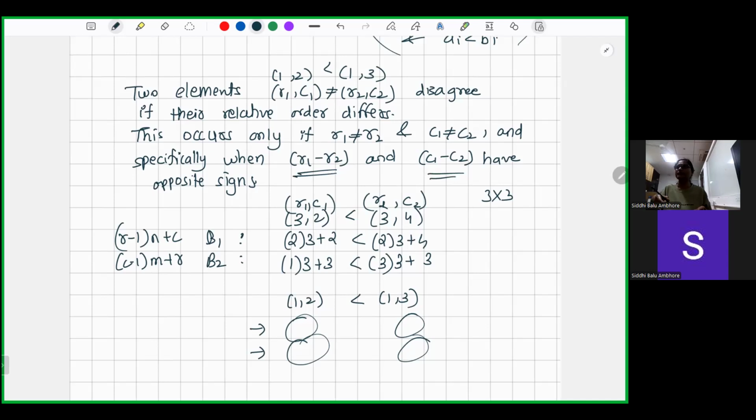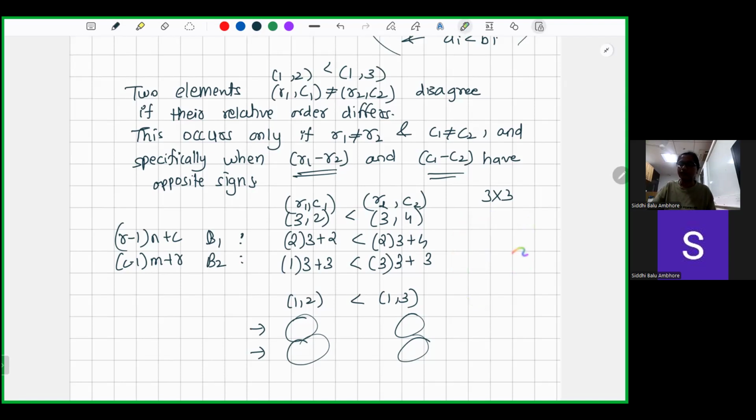Because even if they have the same sign, they will be placed before that. For example, 1 1 is anyway placed before 2 2 in both cases, because in the row it will travel like this from 1 1 to 2 2, and even in the column it will travel like this.